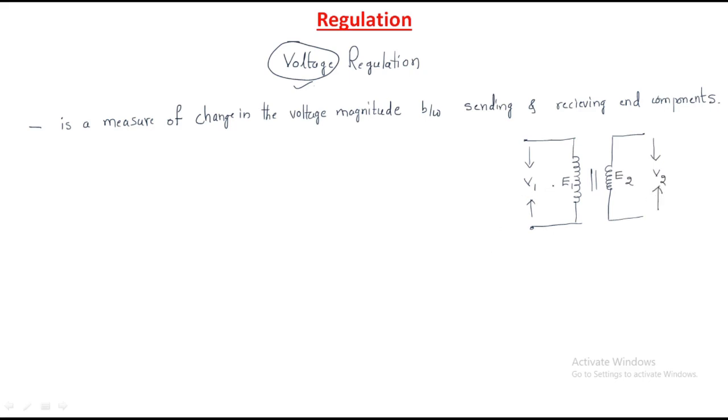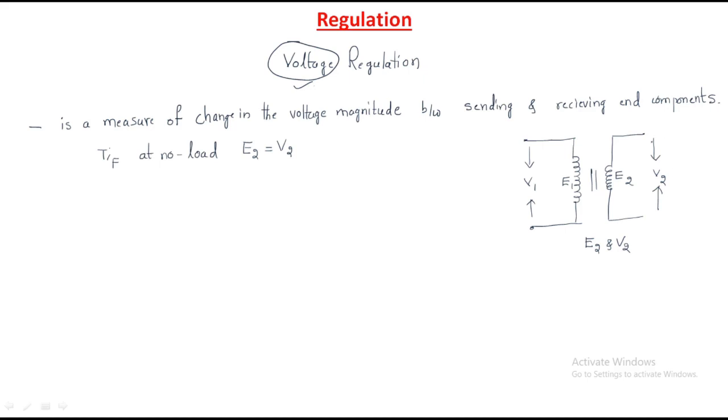So voltage regulation gives the voltage drops across the primary winding and secondary winding. Simply, voltage regulation gives the relation between E2 and V2. Here we can write some voltage equations. For a transformer at no load condition, the secondary induced EMF E2 equals V2.